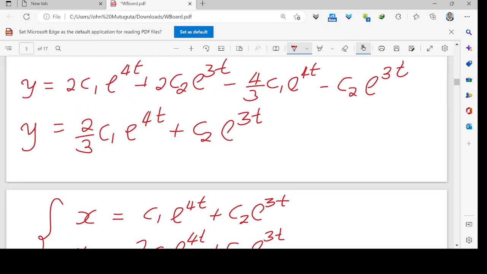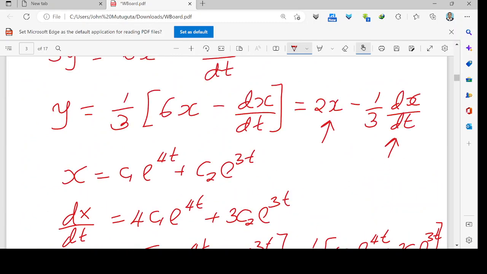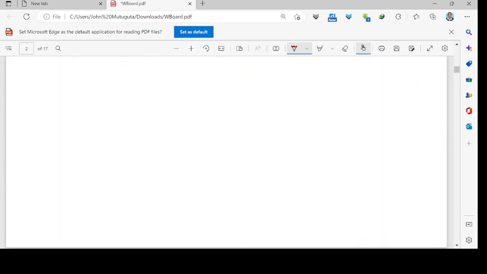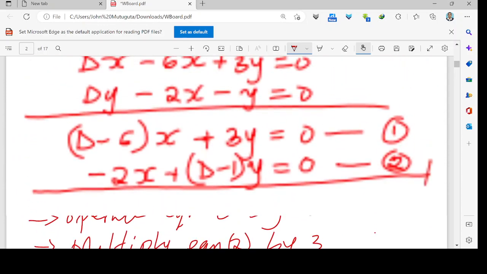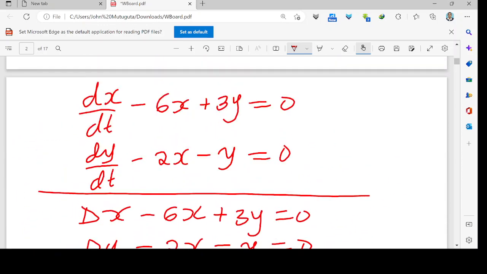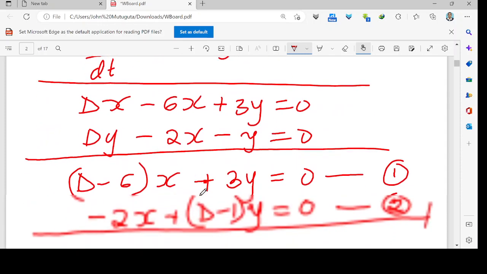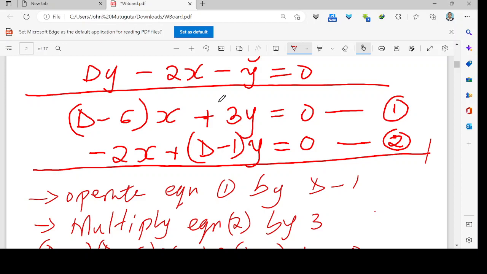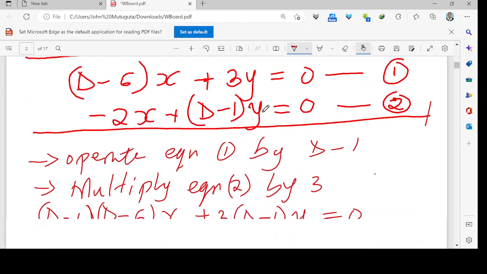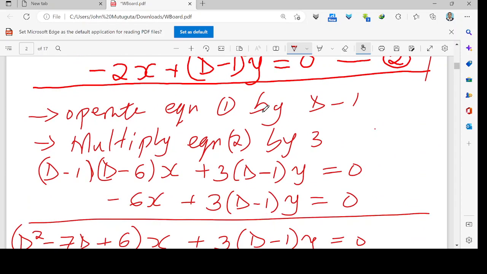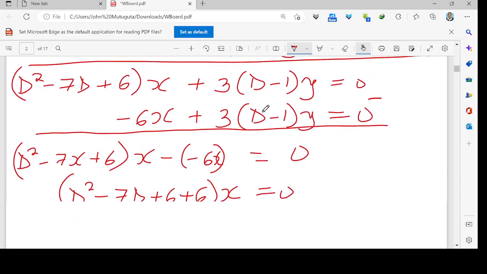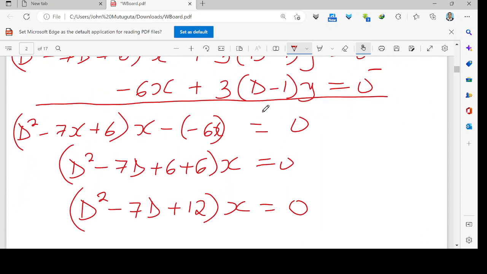So you see that the first step in solving this is to express the system in the D operator form, like we have here. Then eliminate one of the unknown functions. You can either decide to eliminate x first or to eliminate y first. Once you eliminate one of the functions, you'll be left with a differential equation with only one unknown function.